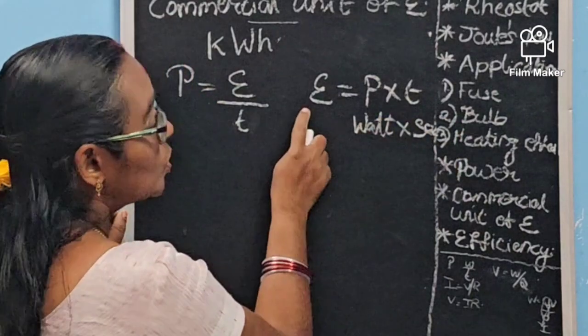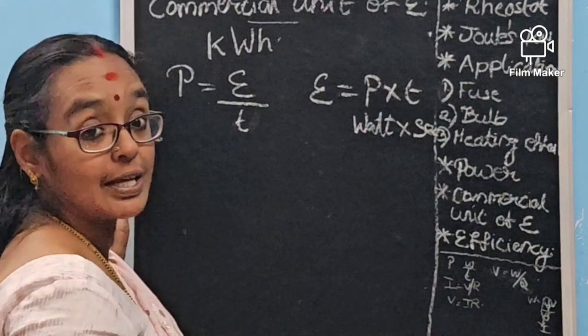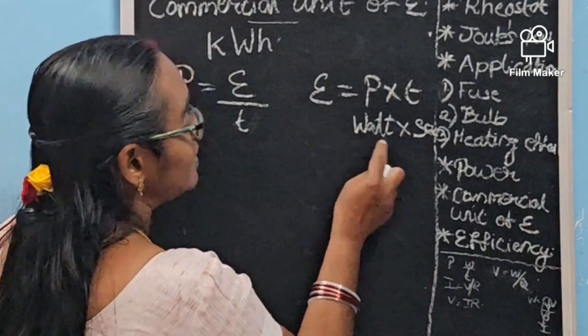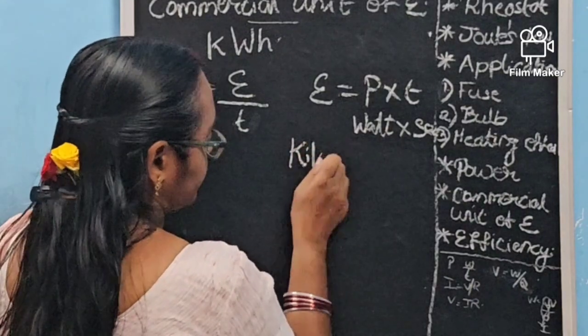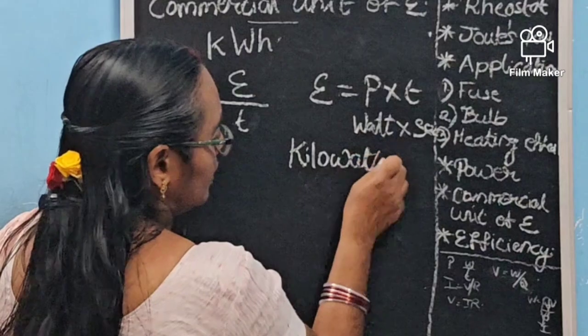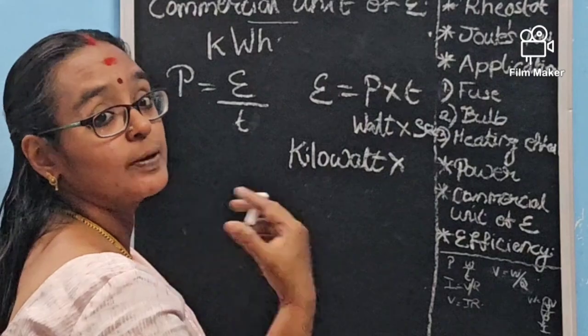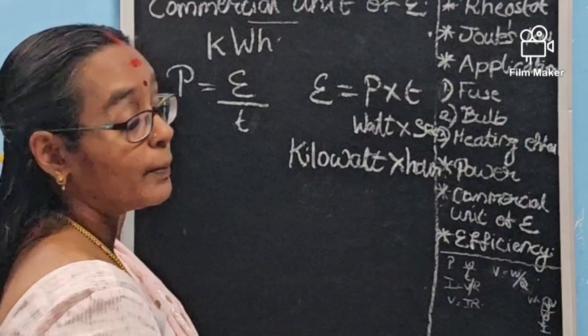So energy's unit can be watt second. But as we are using the electrical energy in a higher amount, it has been changed to kilowatt into, for the time, seconds has been changed to hour. Thus we got the commercial unit of energy.